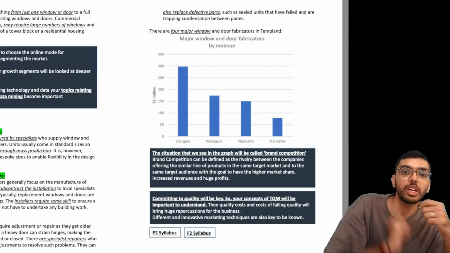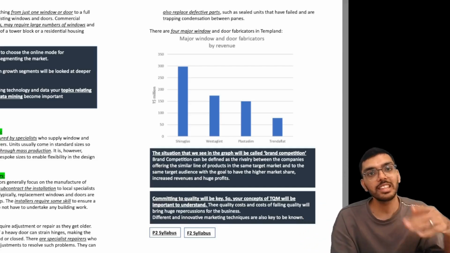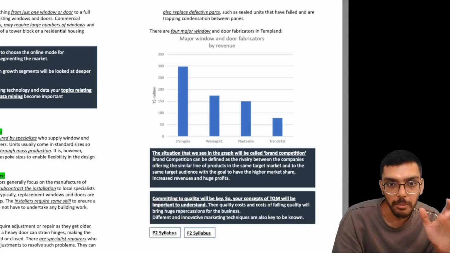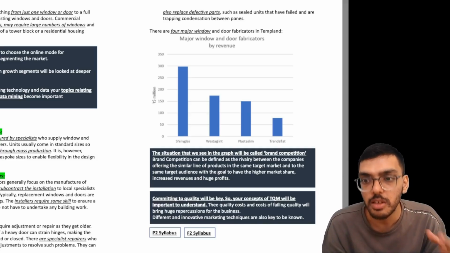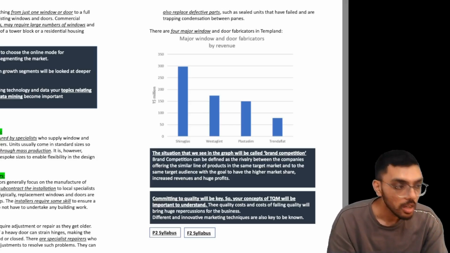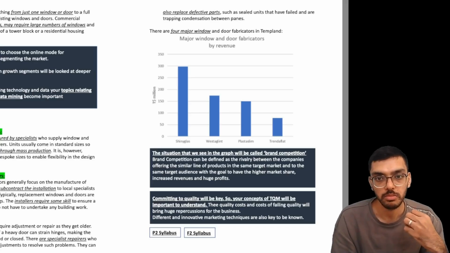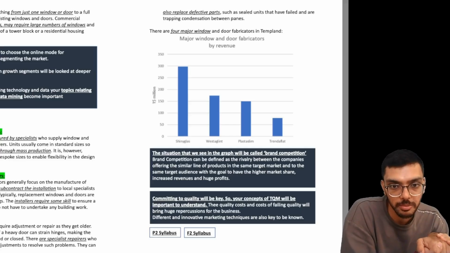But this is a situation of brand competition, where all 4 are selling the same windows and door fabrication, right? But why are people choosing Shinyglas? Because we have that goodwill, we have that customer, we have that audience with us. So our brand is more superior currently.